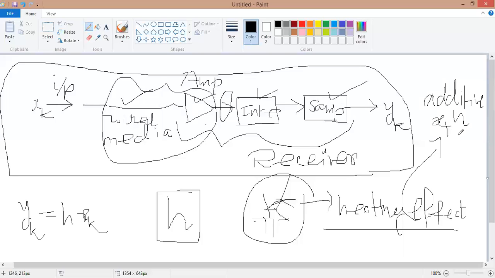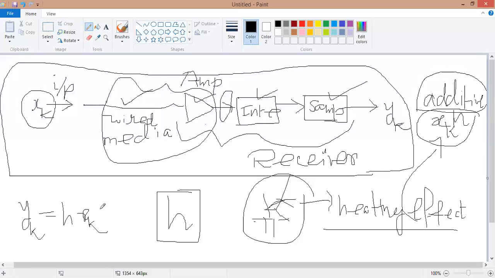That means the channel gain with this input signal is associated with some additive effect. I don't know about this additive effect, but the motion is unpredictable in nature. So obviously I can say it is noise.